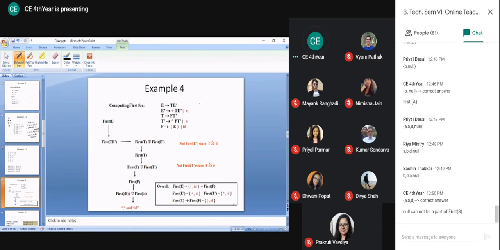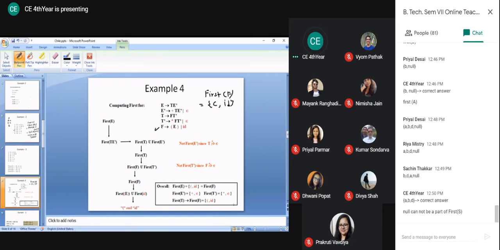We have so many non-terminals here: first of E, first of E dash, first of T dash, and first of F. So first we'll calculate first of F. First of F will give us opening parenthesis and ID.